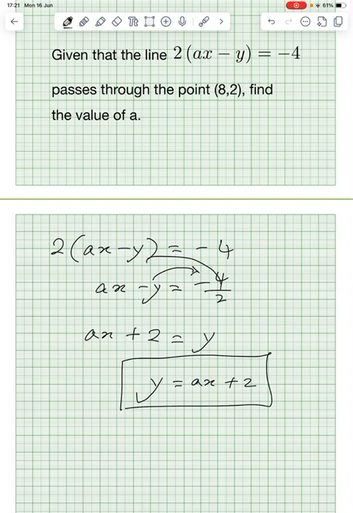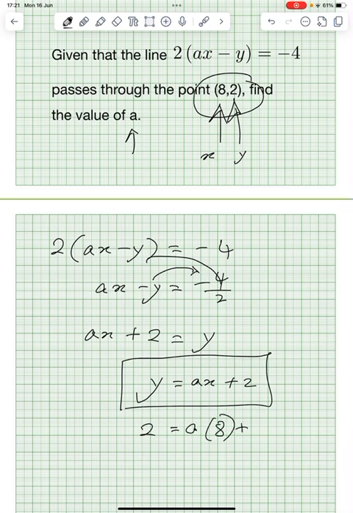Now we are required to find the value of a. The line passes through the point, so we substitute this coordinate here. Your 8 is your x, your 2 is your y. So 2 = a, which is the one we want to find, times x, which is 8, plus 2.